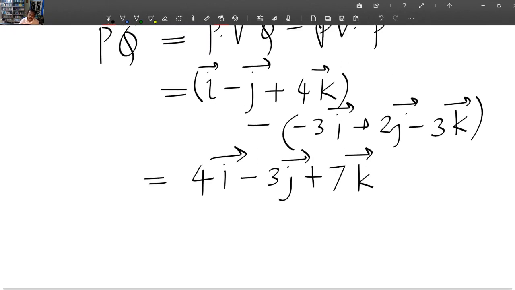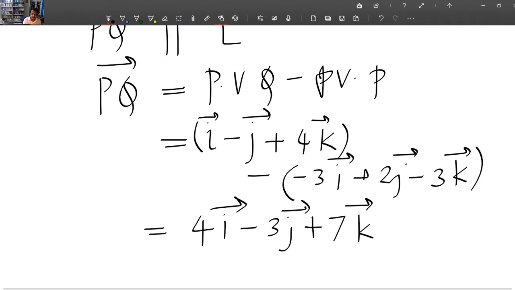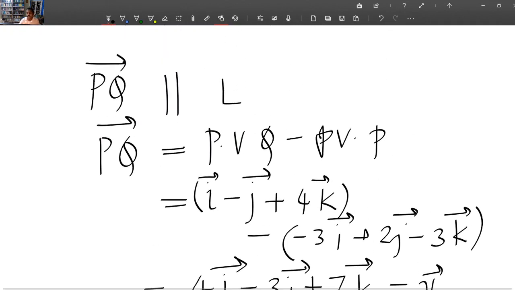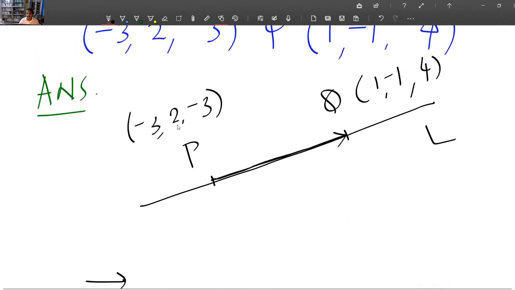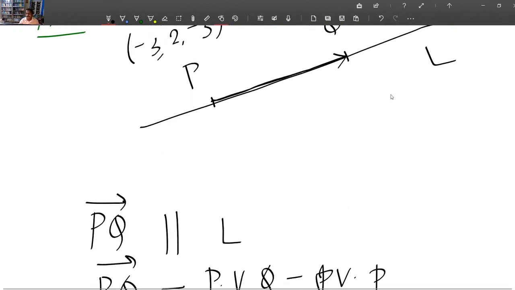So this is vector V. Now you can take any point, either P or Q, as the given point.